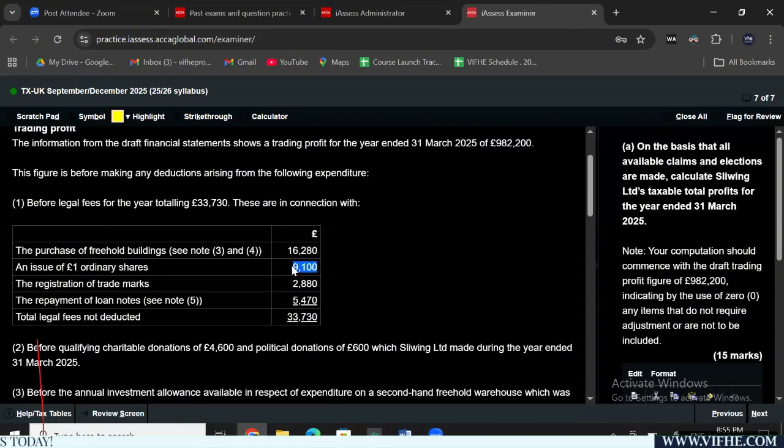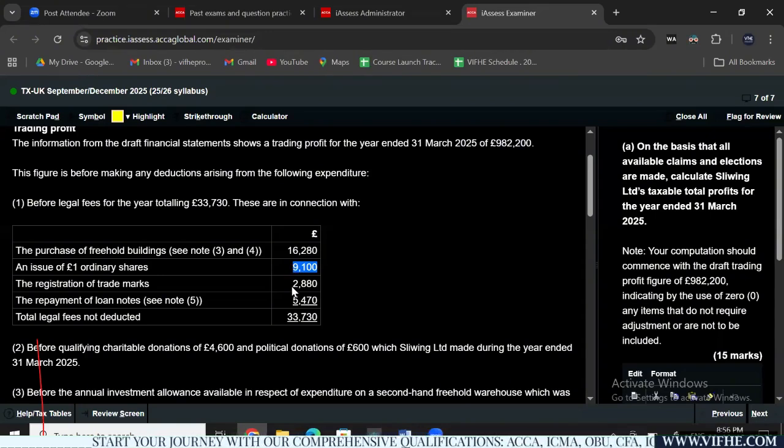And the issue of ordinary shares, see, this is also a capital activity because this is not something that happens in routine. This happens as a one-off activity. This is not an expense, so this is not deductible.